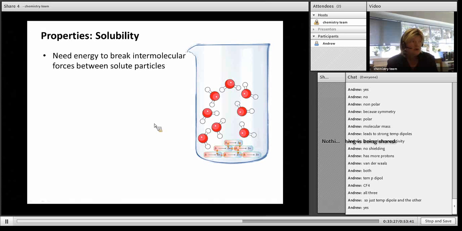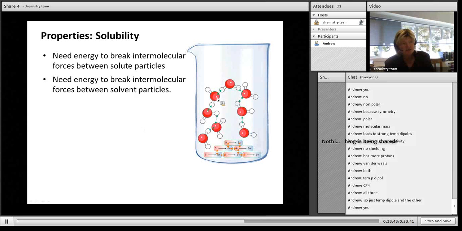Now, when we're trying to dissolve something, we have to break the intermolecular forces between the solute. So, can you see the orange attractions? So we need energy to break those, and we need to break the force of attraction between the solvent. So that's two lots of breaking we have to do, between the solute and between the solvent particles.